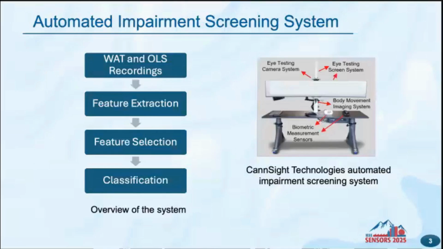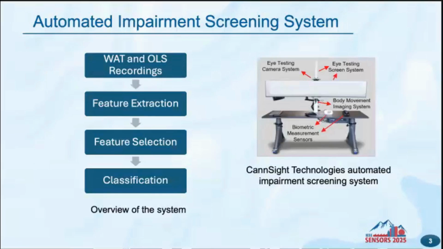So our system is like this. We use cameras to record participants while performing these two tests before and after alcohol and drug consumption. This device is built by our partner organization, Cancer Technologies, and we use the data that were collected during this test.